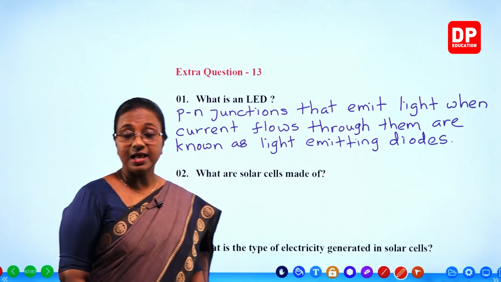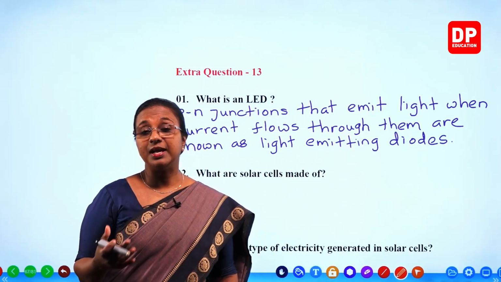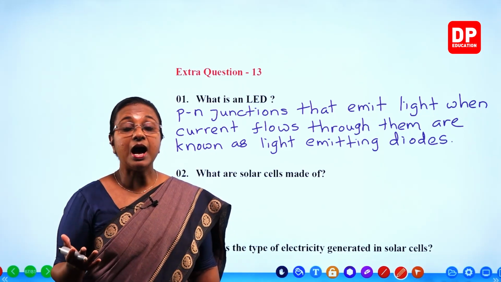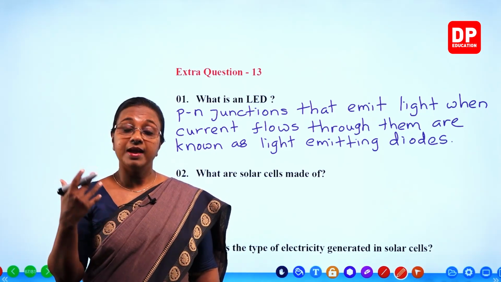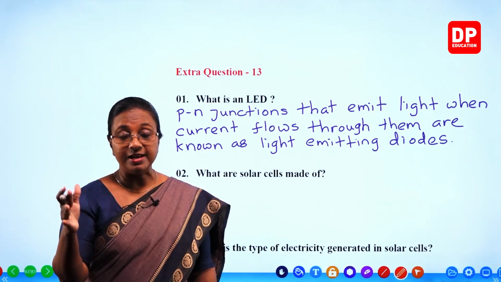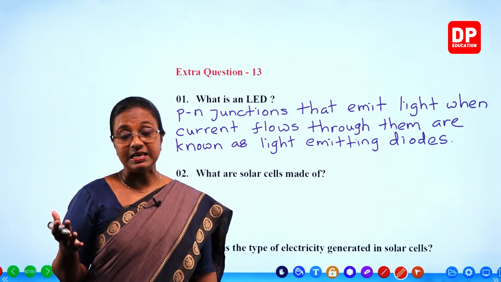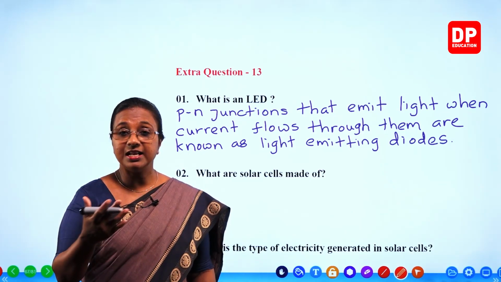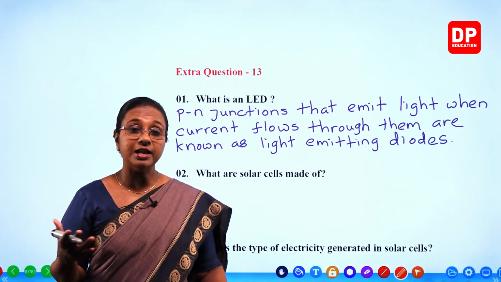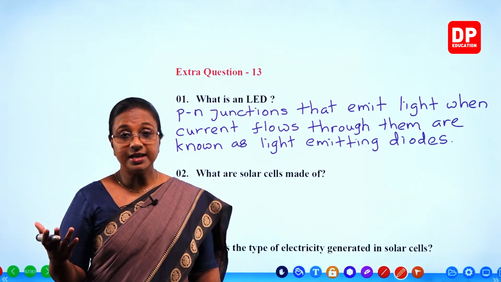So you're familiar with light emitting diodes. Normally they are made of materials like gallium arsenide. When there is current flowing across the PN junction, there is light being emitted. It can be white light, red, green, blue, yellow, even UV, IR light.